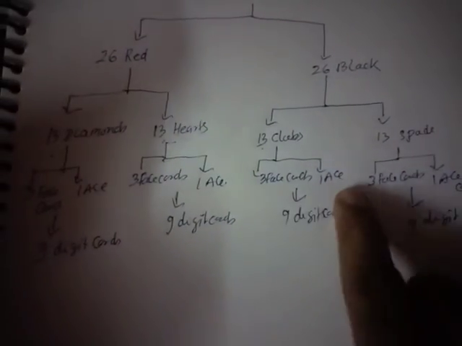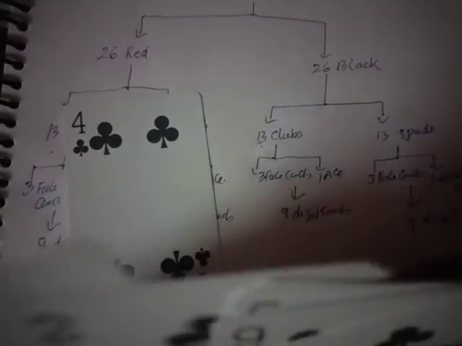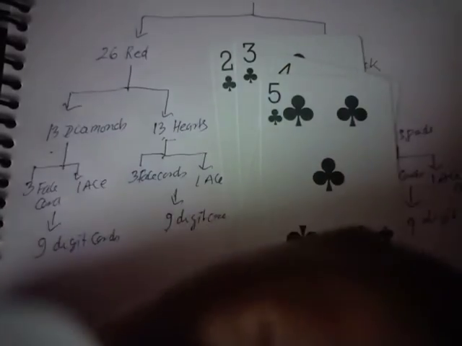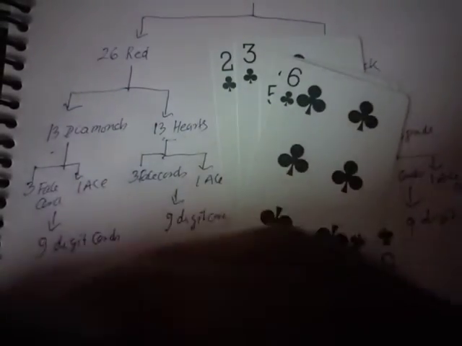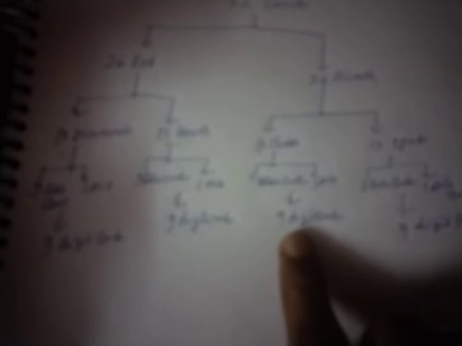So 3 face, 1 ace and 9 digit cards, starting from 2: 2, 3, 4, 5, 6, 7, 8, 9, 10. So in club, 3 face cards, 1 ace card, 9 digit cards, 13.